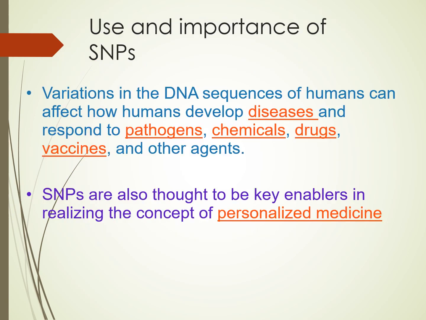Then the use and importance of SNP. Variation in the DNA sequence of humans can affect how humans develop diseases and respond to pathogens, chemicals, drugs, vaccines, and other agents.